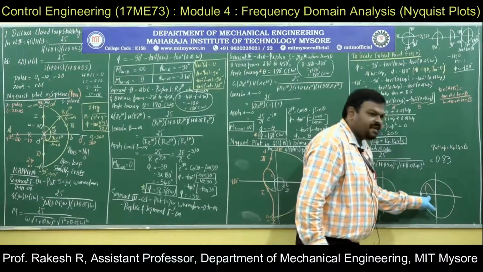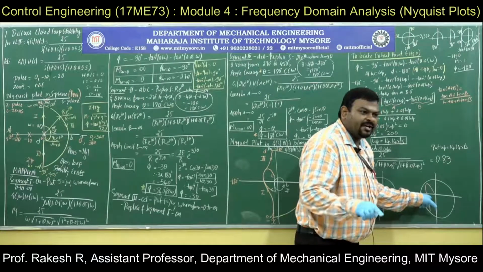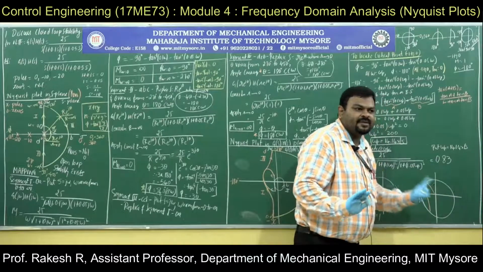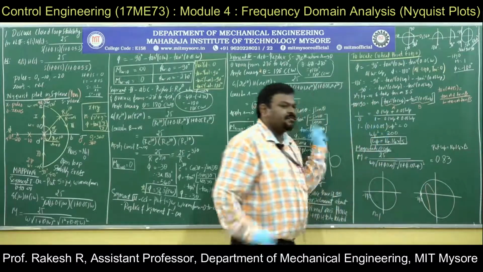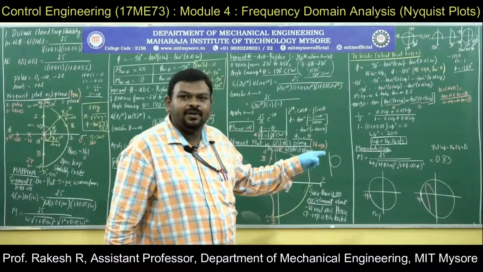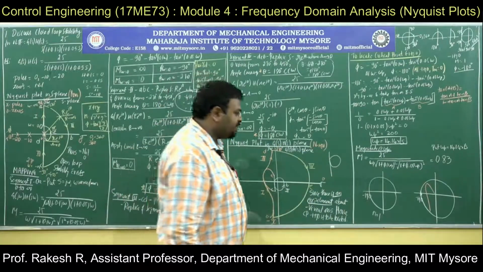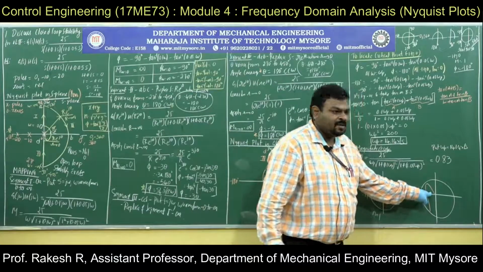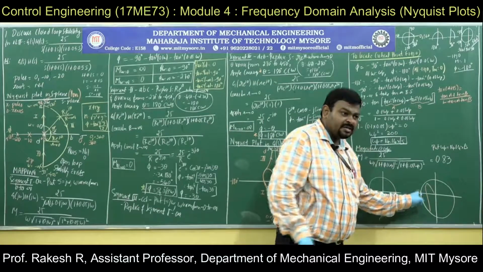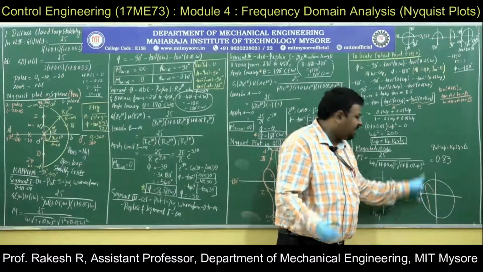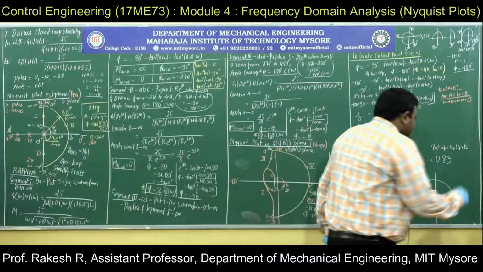Since the magnitude is equal to 1, the plot will always be here. It is fixed. Here also the same thing. We are locating in reverse. First we are locating the magnitude 1 plot here, and based on that we are telling where the polar plot might be. Here we are analyzing in the reverse fashion.